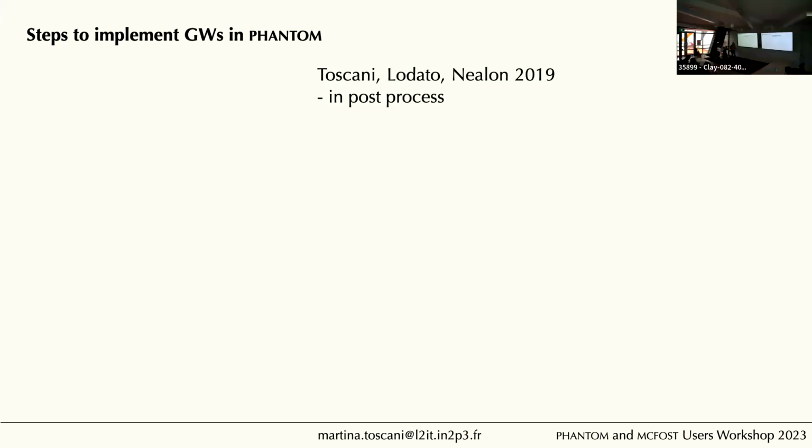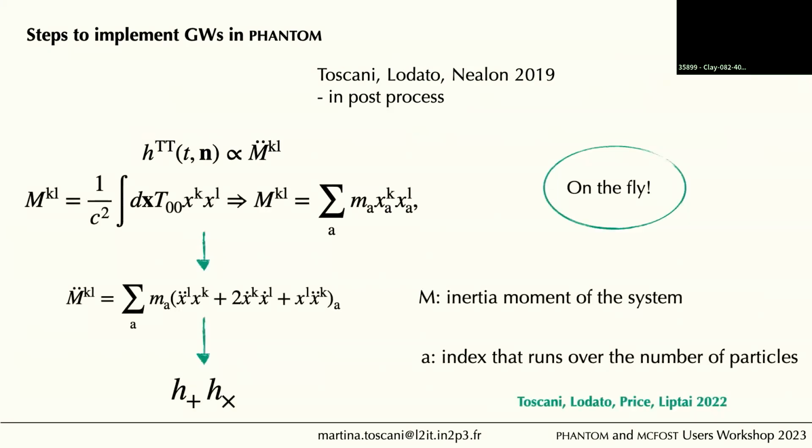But in this case, what we did was run the simulation and then, in post-processing, write a routine to calculate the gravitational wave emission. But then during my first stay in Australia, talking with Daniel and David, there was another idea: create a module that, on the fly, so while the simulation is actually running, is calculating gravitational waves.